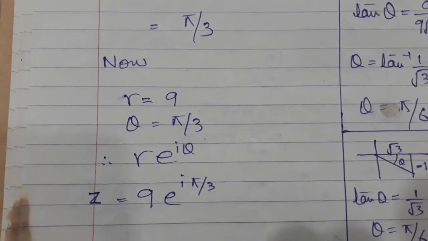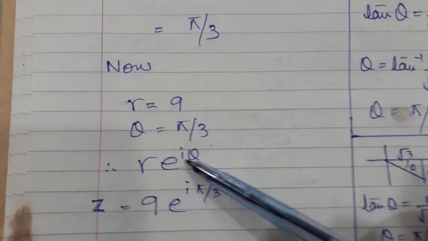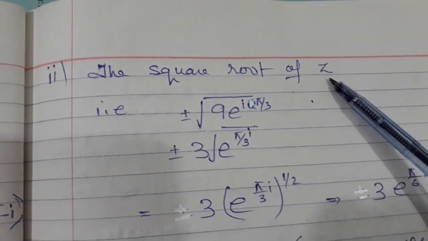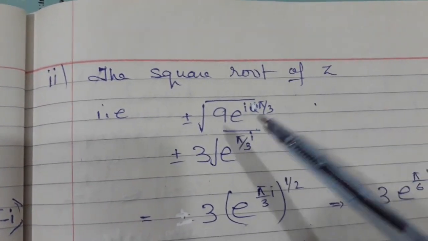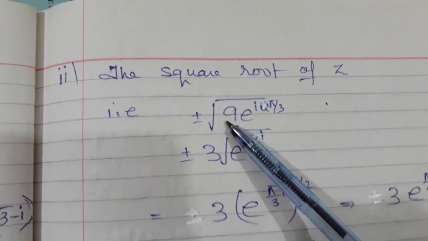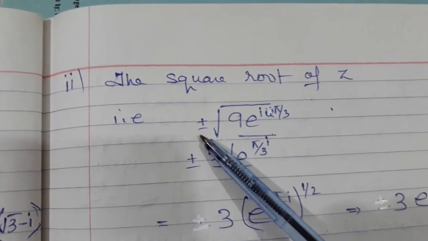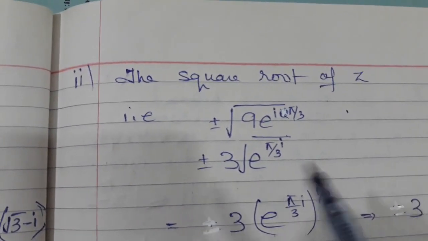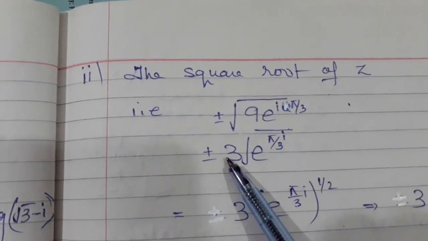Let's see the second part of the question, which was asking to find the square root of this. Now when we take the square root of any number, even in complex form, we use the plus minus sign, right? This is a common understanding and we all know the reason for it.